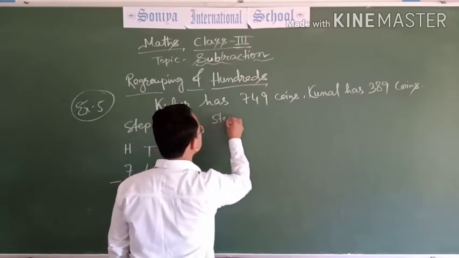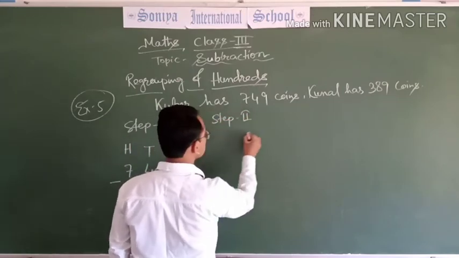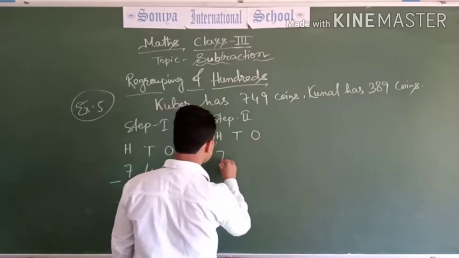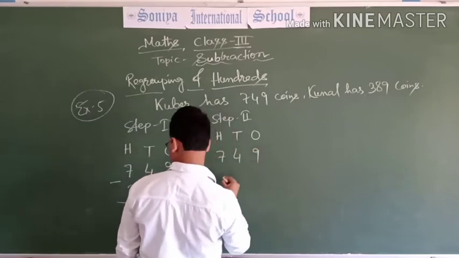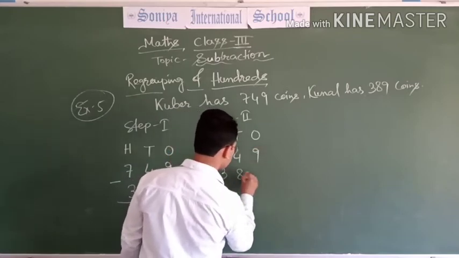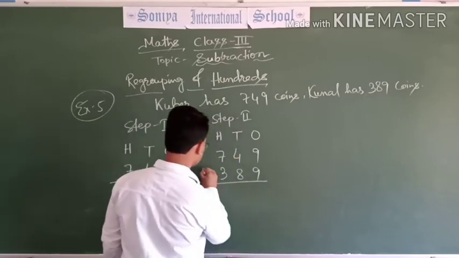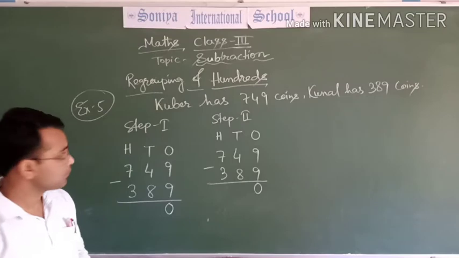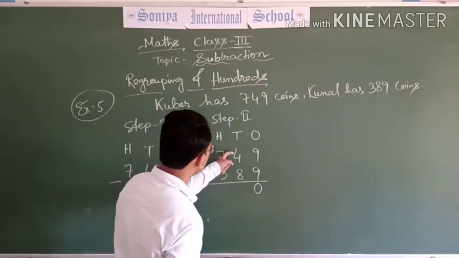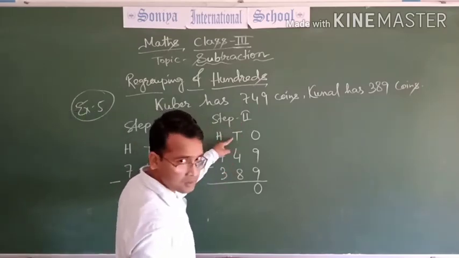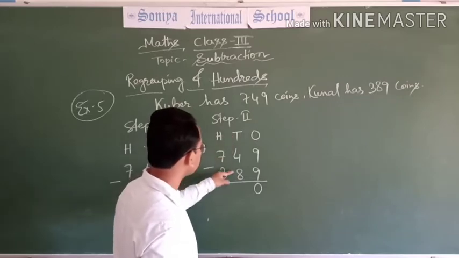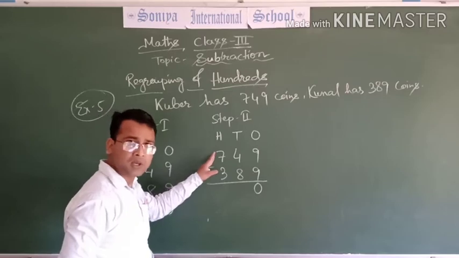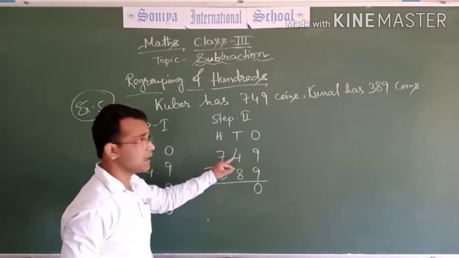Then next, step 2. Similarly, ones, tens, hundreds, 749 and 389. We got the ones place answer as 0. So next, stepwise, the tens places, 4 and 8. 4 is less than 8, so carry from the hundreds place, 1 carry and add to the tens.